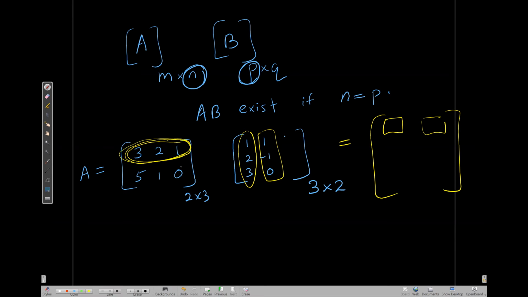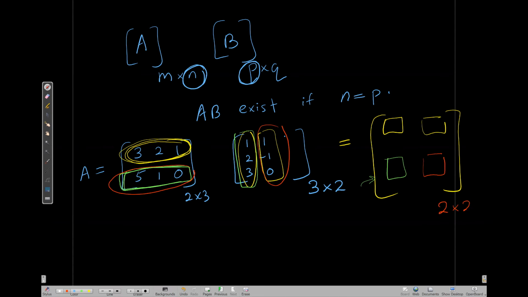Let me use another color. The second row will be responsible for the second row of the resulting matrix. So second row and first column will give you this entry, and second row and second column will give you this entry. So the resulting matrix will be a 2 by 2 one.